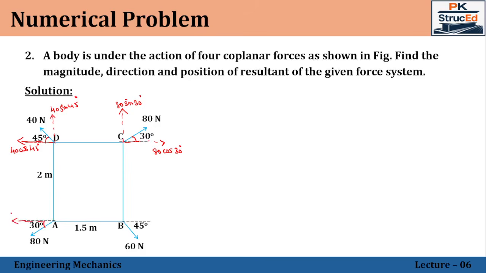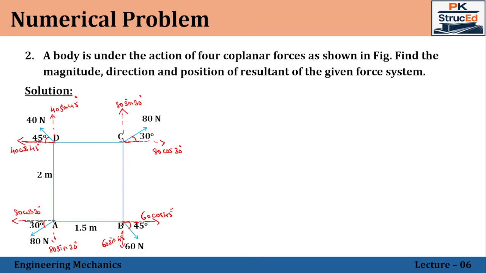So the horizontal component will be 80 cos 30 degree and the vertical component will be 80 sin 30 degree. And finally, the 60 Newton force makes an inclination of 45 degree with the horizontal. So the horizontal component will be 60 cos 45 and the vertical component will be 60 sin 45 degree.